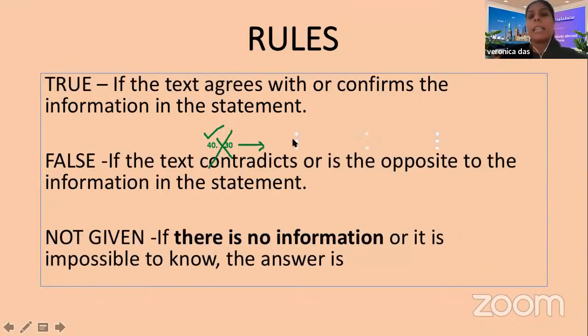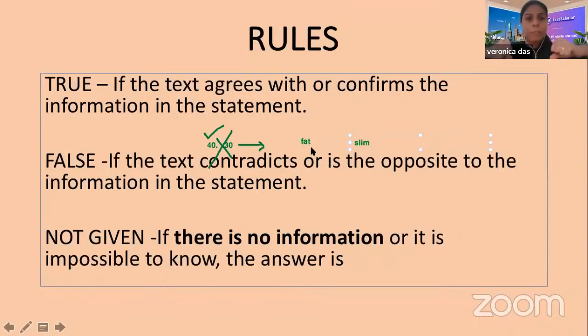Okay, I'll give you another example. Say, for example, your passage says the rhinoceros is a fat animal, and your statement says the rhinoceros is a slim animal. Fat is, you know what is fat?